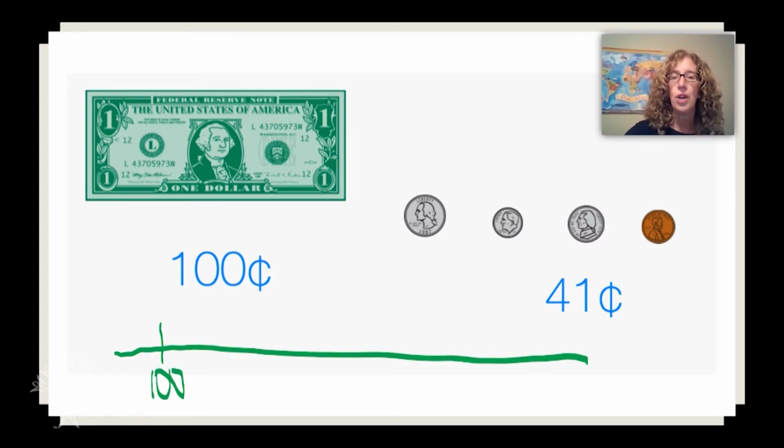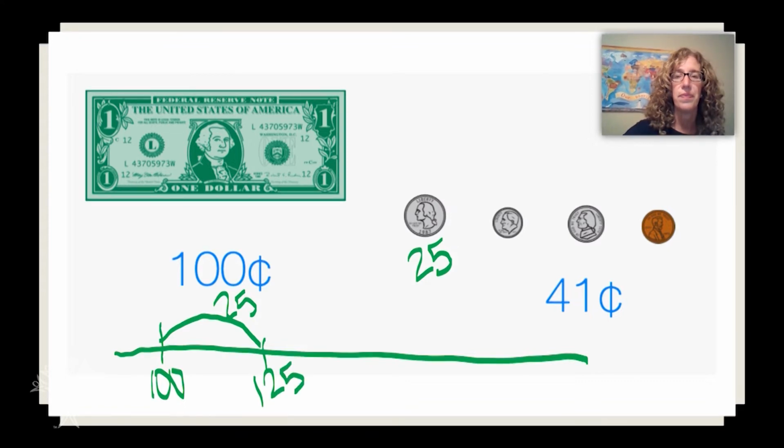I know this quarter is worth 25 cents. So I took a jump of 25 and I know 100 plus 25 is 125. This dime is worth 10 cents, so I need to take a jump of 10. 125 plus 10 is 135.